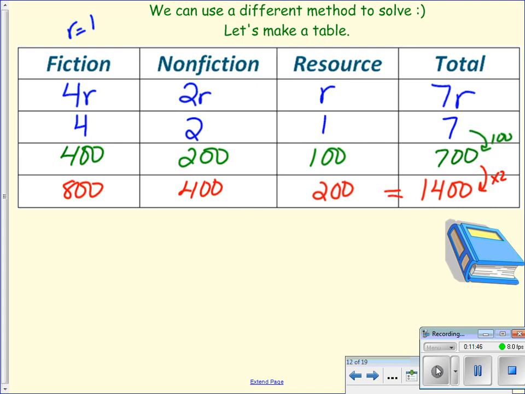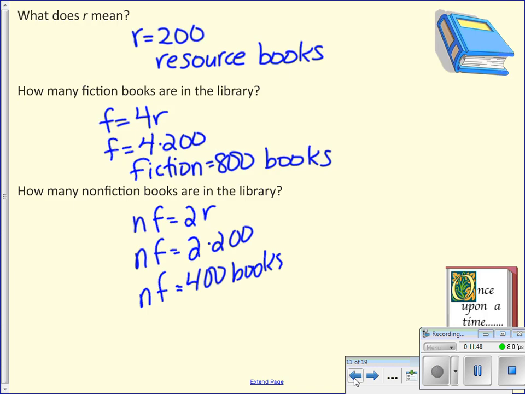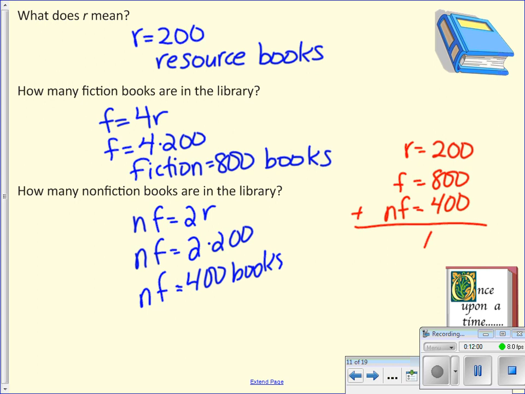Yes. So that works. And we did forget to come back here if we wanted to check. If my resource books was 200, my fiction books were 800, my nonfiction books were 400, if I add them all up, it does equal 1,400, which is my total number of books. So we could have checked that as well.